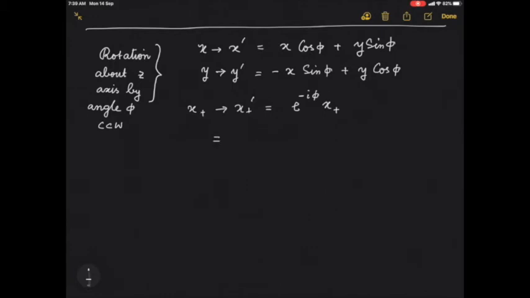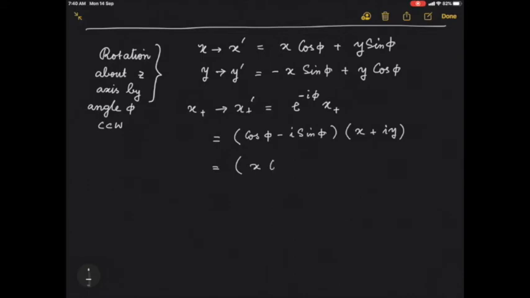Well, you may ask why. Let's work out what e to the minus i phi times x plus is. It is cos phi minus i sin phi, and x plus is x plus iy.